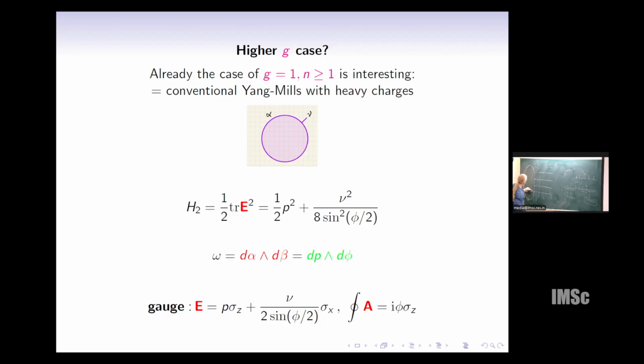So even if you have only one Wilson line, this is space. Remember, this is space. Now this is space-time. And I just have one Wilson line. So what does it mean? It means that my graph has this structure.